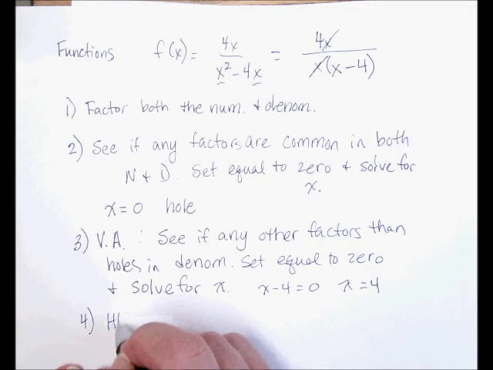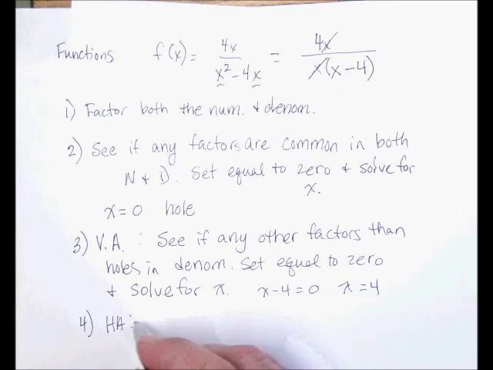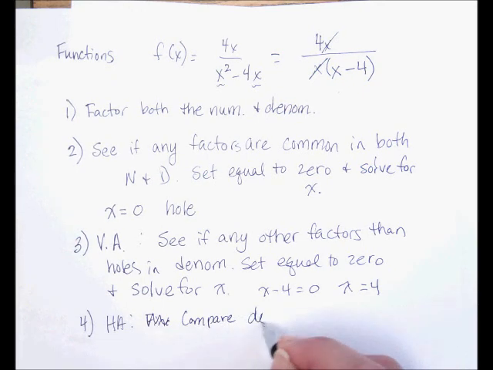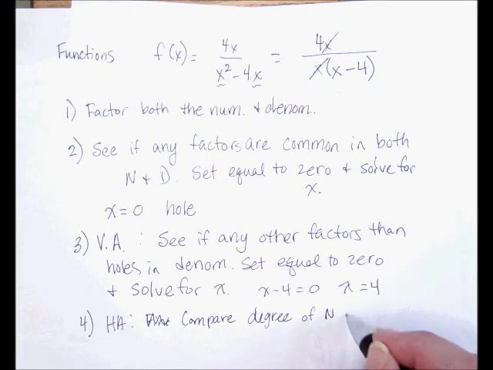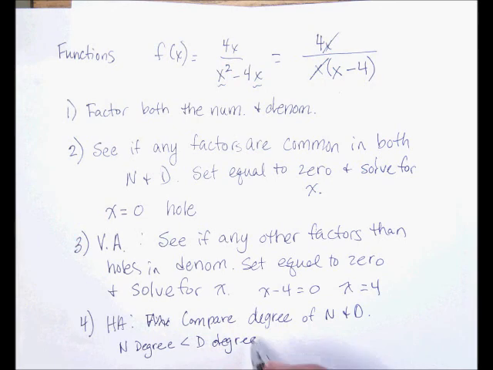I'm going to zoom out a little bit. The next thing I'm going to look for is my horizontal asymptotes. There are a few rules that I need to use. I'm looking at the degrees of my numerator and my denominator, and I compare the degree of the numerator and denominator. If the numerator degree is less than the denominator degree, then I have a horizontal asymptote at y equal to 0.